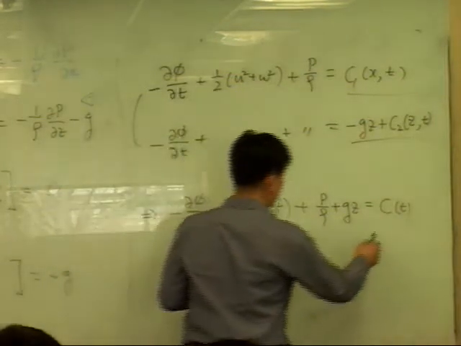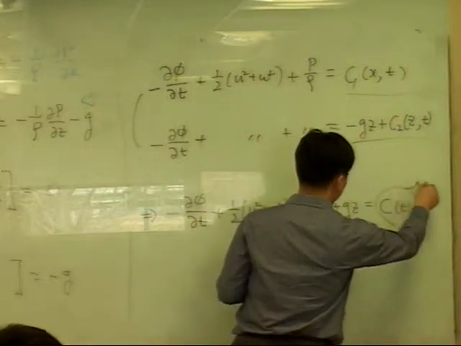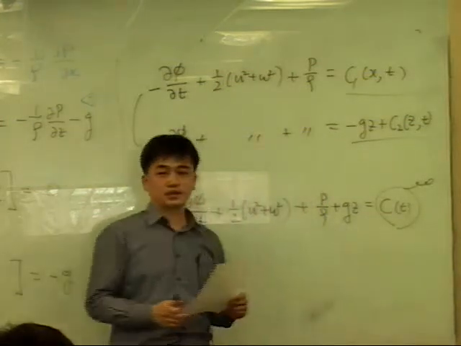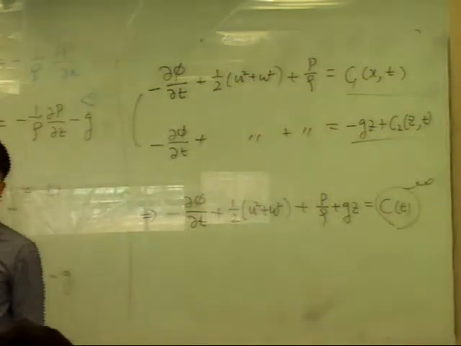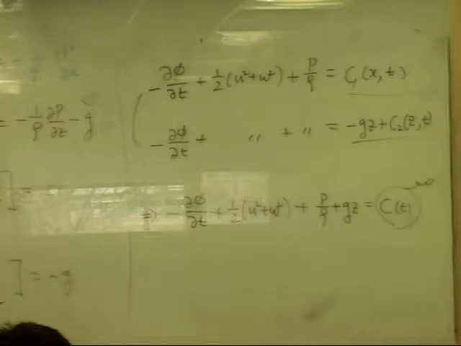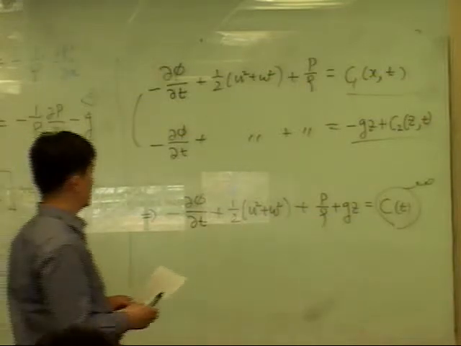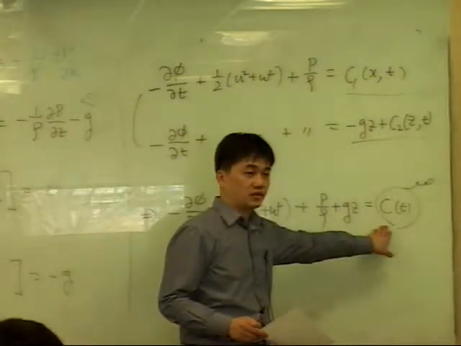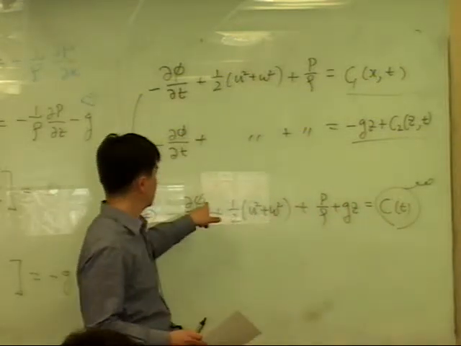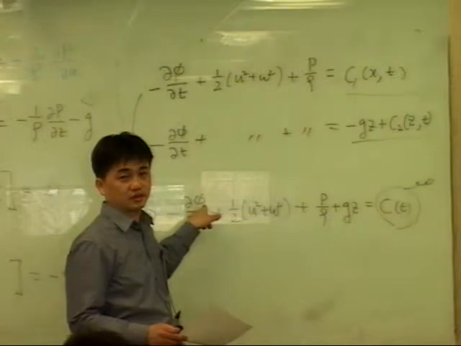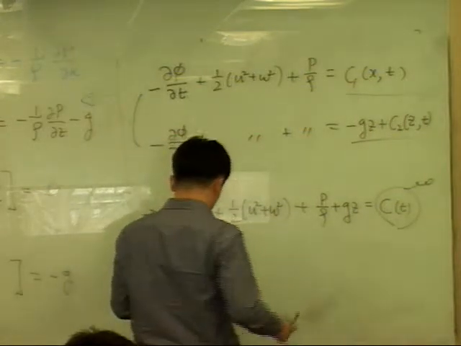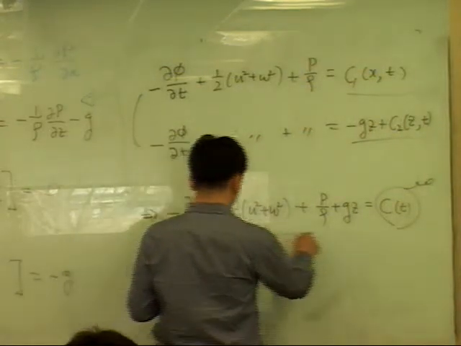And here we can get rid of this constant C. There are several ways to get rid of that. One is this constant can be included into the potential function. Okay? So this is a Bernoulli equation.